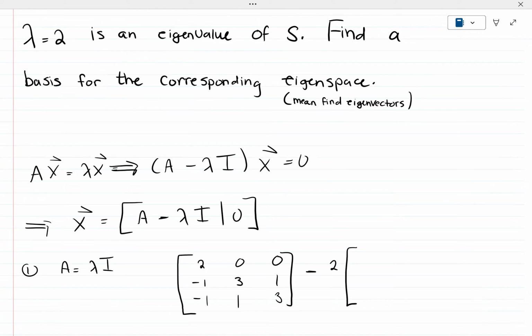So what is the identity matrix of a 3 by 3? It is 1, 0, 0, 0, 1, 0, 0, 0, 1.